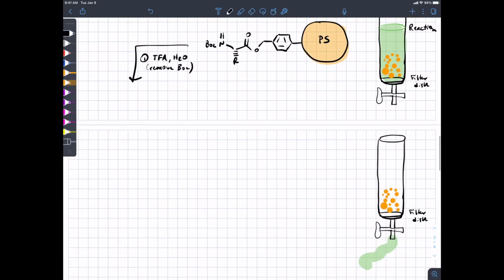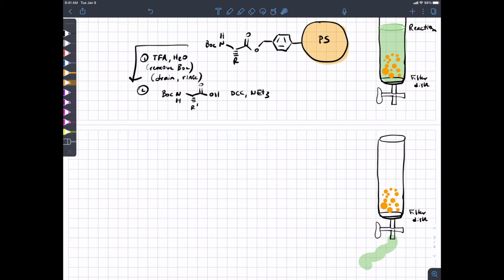After you do the deprotection to remove Boc, you drain the reaction mixture and you rinse. Then in a second step, you're going to add the next amino acid, which is going to be Boc protected. And here's whatever the side chain is. And you're going to add DCC and triethylamine.